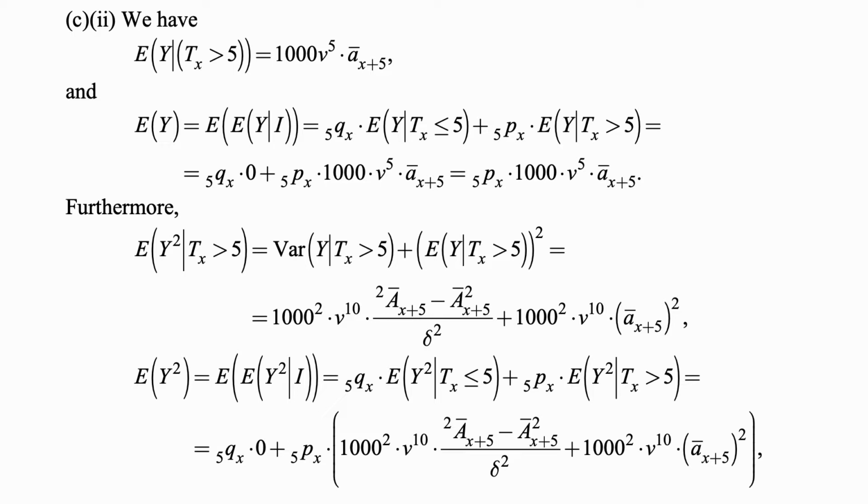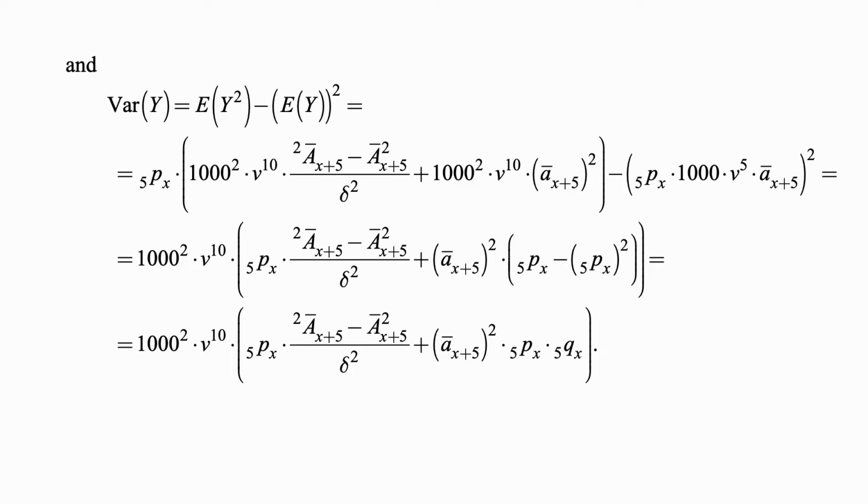We did the calculation for I equal to 1 in the formula just above it, and the calculation of Y squared given that I is 0 is a separate thing. So anyway, this is 5q_x, the probability that I is 0, times the expected value of Y squared given that T_x is less than or equal to 5, plus 5p_x times the expected value of Y squared given that T_x is more than 5. And that's 5q_x times 0 plus 5p_x times the expression we just calculated in the second to last displayed formula here.